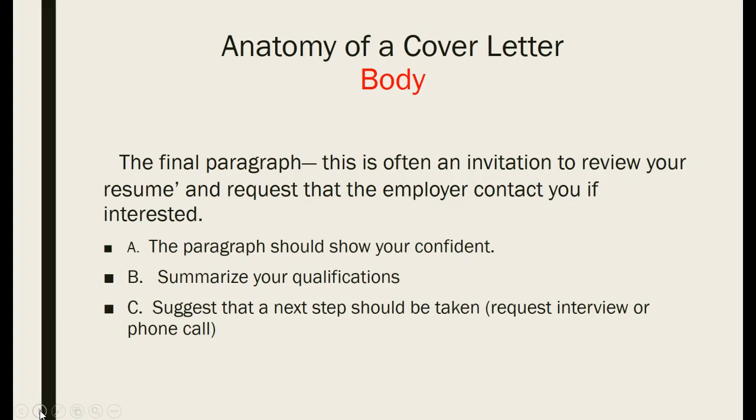You summarize your qualifications as they are specified towards the position, and then you might say, please review my attached resume, and I look forward to hearing from you. Don't do this: I will call you next week and set up an interview. That is cocky and too confident. But leave it that you're interested and you want to know what the next step is.